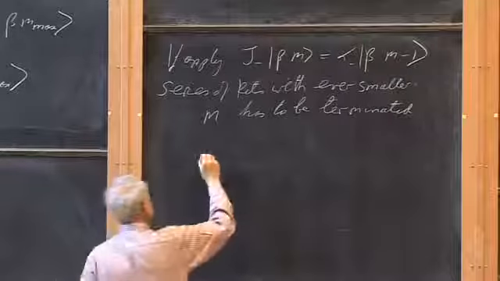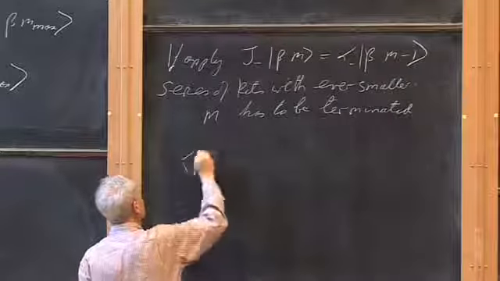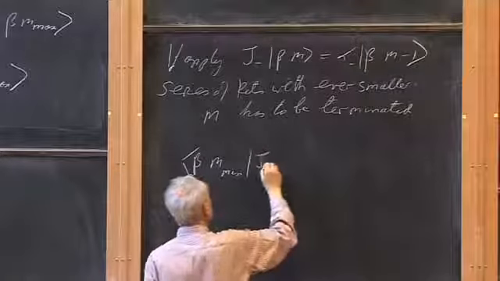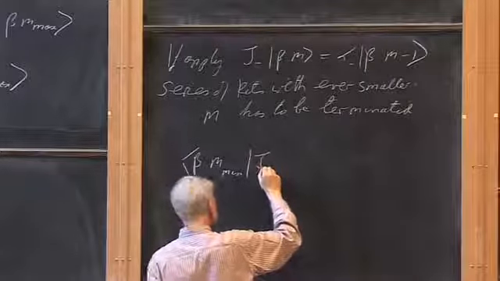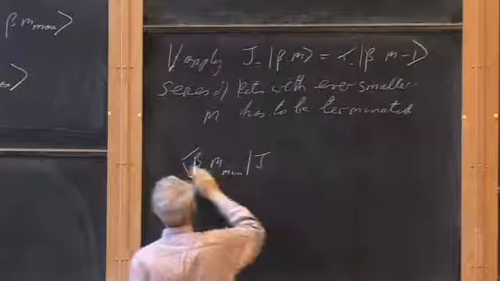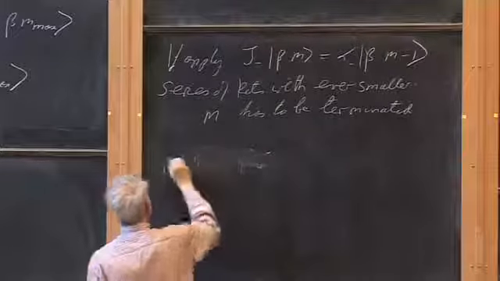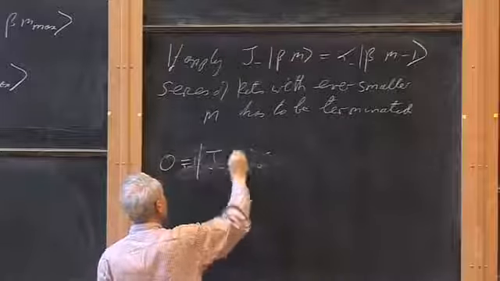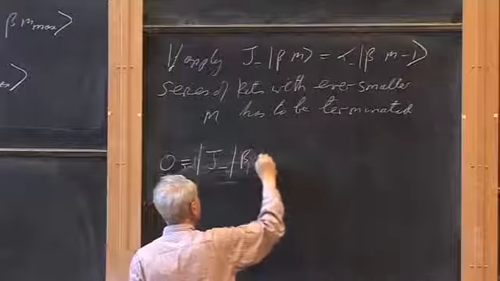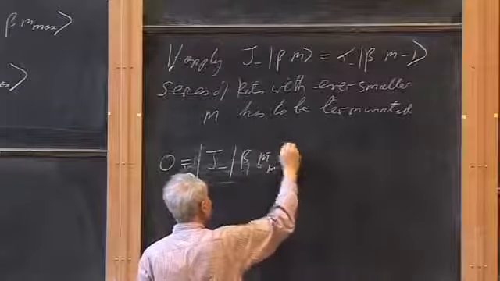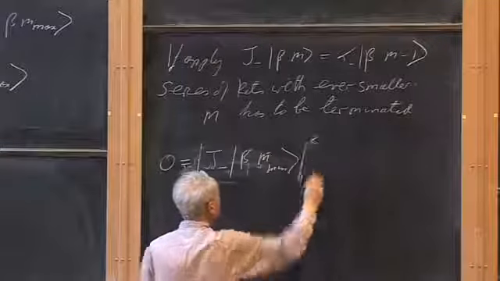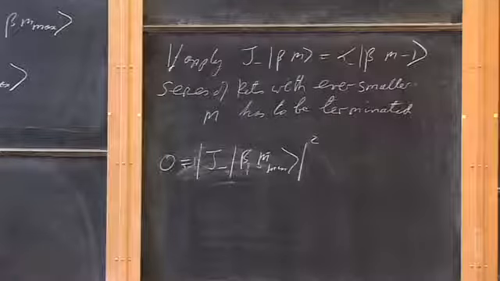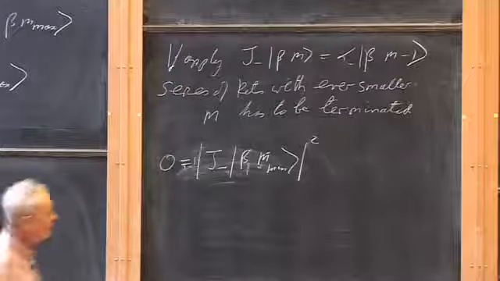So we're going to have that, well, I should write it differently. I should say that nothing has to equal the mod square of j minus applied to beta m min. And when we expand that out, other things happen here.